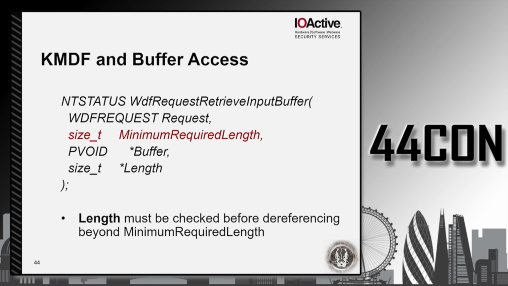I've seen drivers using this API in a bad way, because they either set that to 0, which is bad, or they set it to some value, but then they reference an offset that is beyond the minimum required length. So you can actually get an out of bounds read or write, depending on the operation.